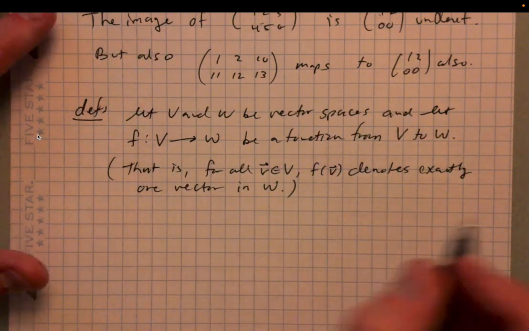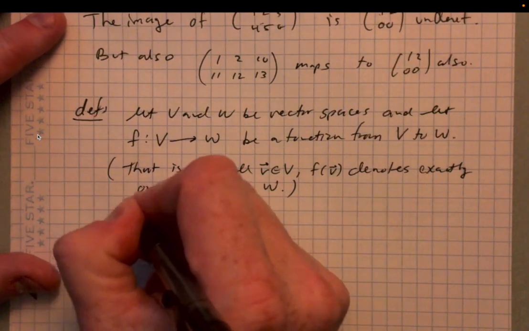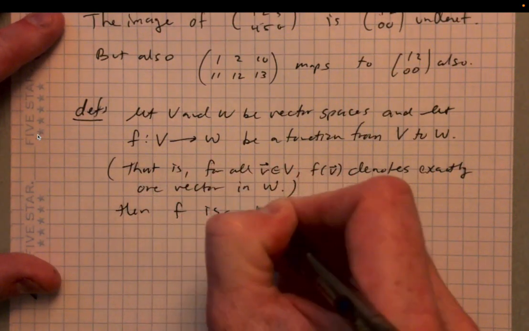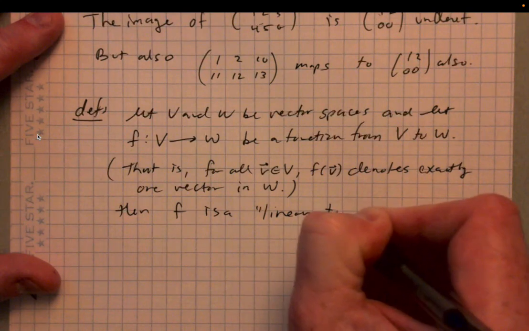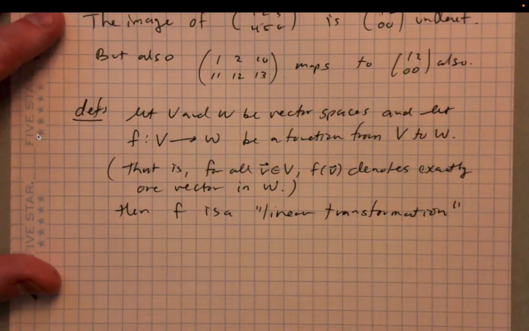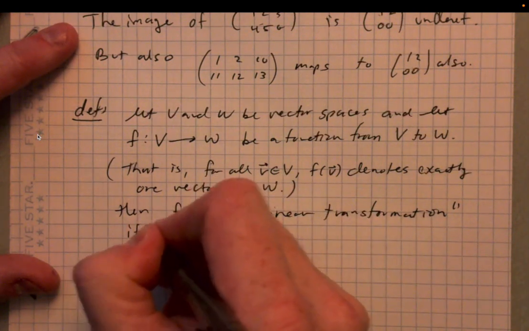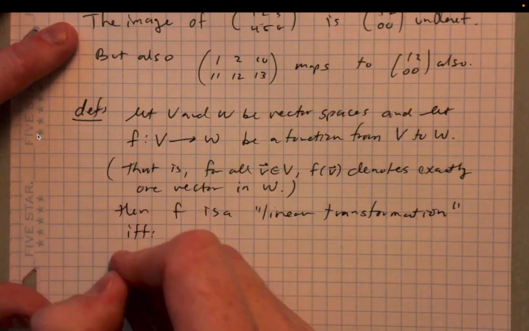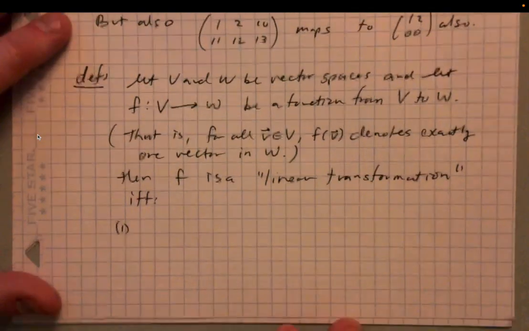Then F is a linear transformation if and only if the following two things hold. There are two properties to a linear transformation.